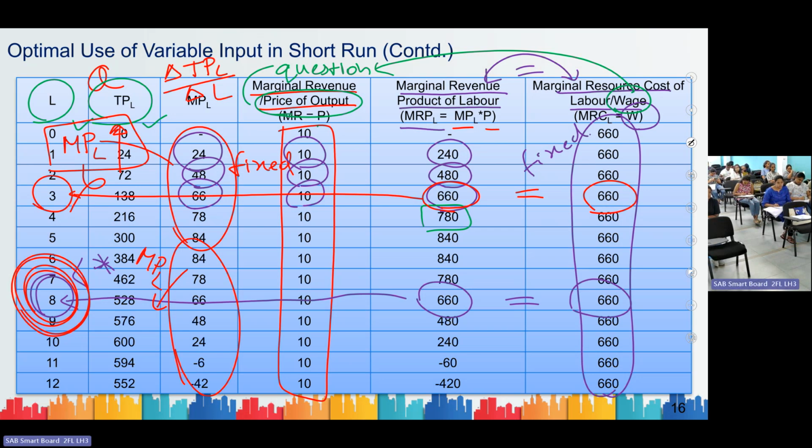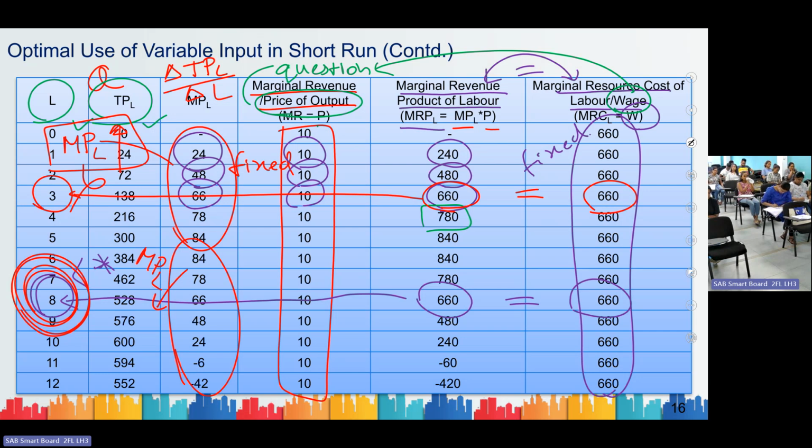So in the examination, you can identify both these points, P and A, and give a rationale. Which level do you choose and why? So in the examination, you should choose 8 units of labor as the optimum level of labor and give the rationale that 3 units of labor is not coming under stage 2 because at 3 units of labor, MPL is increasing, but at 8 units of labor, MPL is declining.